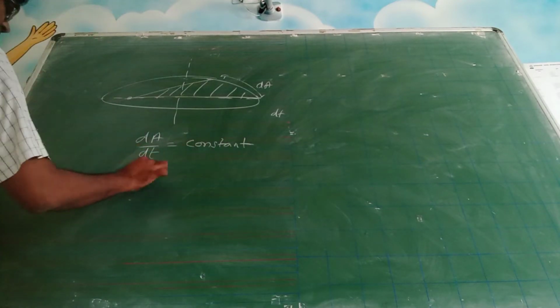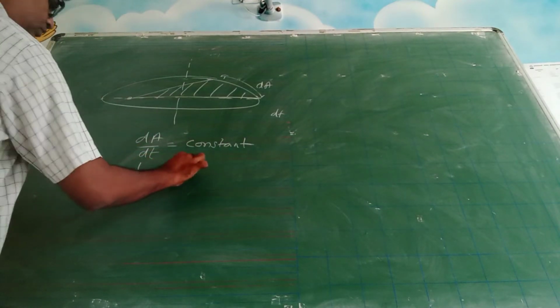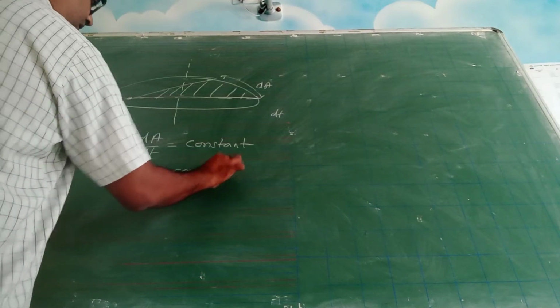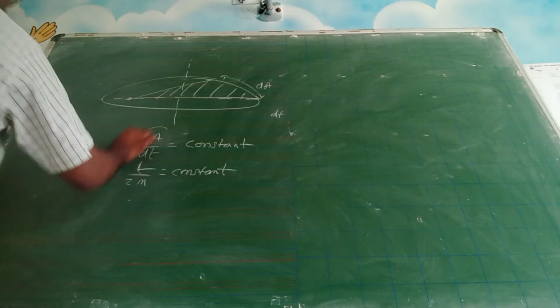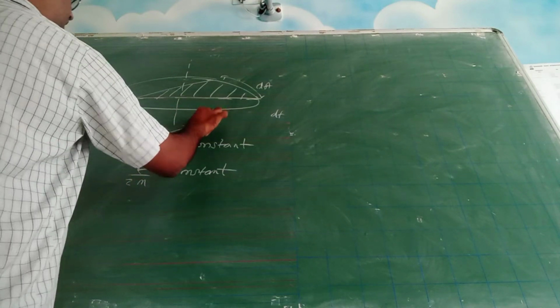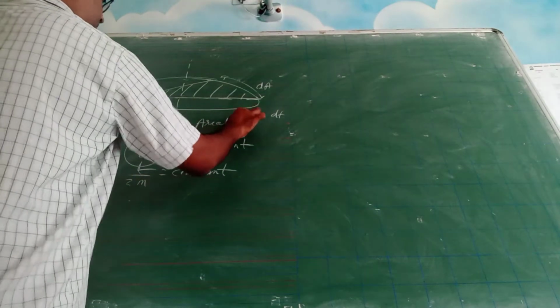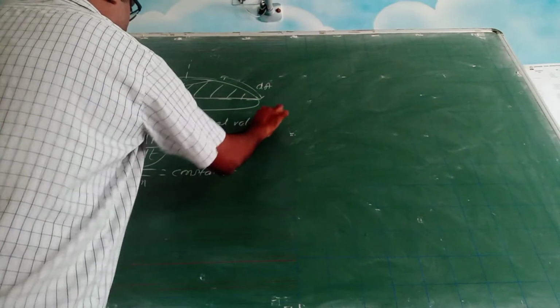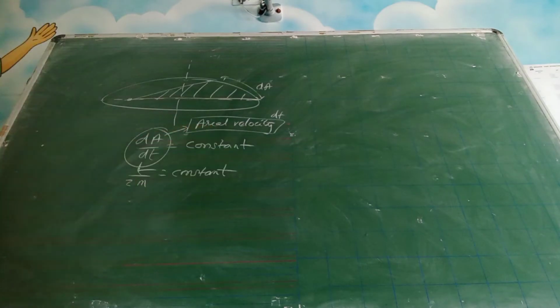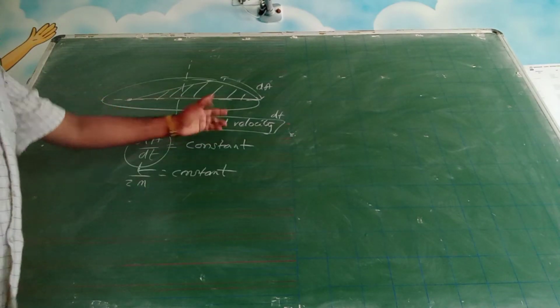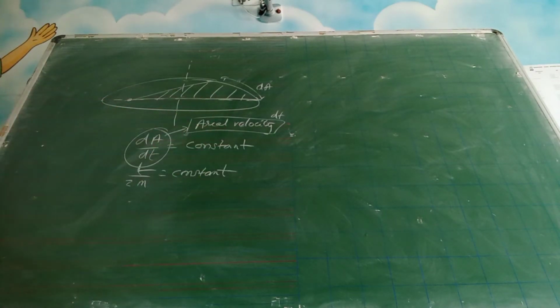From here we have shown that L by 2m is equal to constant, where L is the angular momentum. Now this dA by dt is called aerial velocity. Note this term, aerial velocity. Aerial means area, so it is the change of area with respect to time. Often in questions it is asked, so you should know the meaning of it.